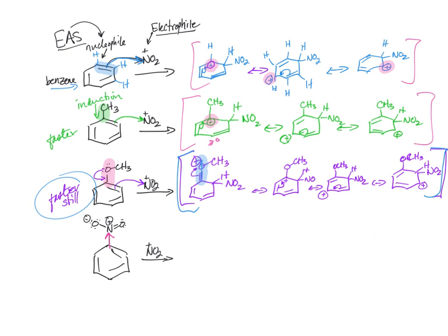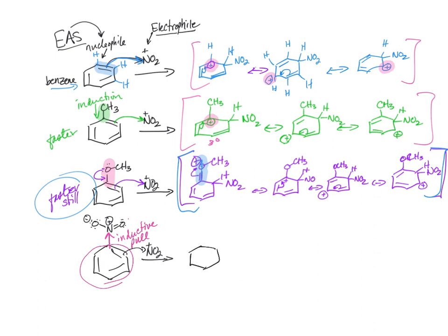Because nitrogen is more electronegative, and oxygen is electronegative, it serves to pull electron density away from the ring. But nevertheless, I believe that this reaction can take place and we'll get a set of resonance forms.